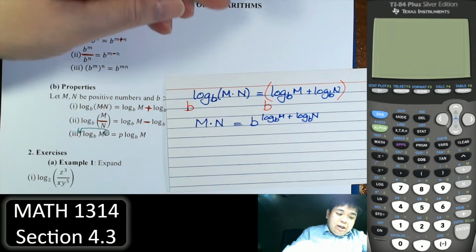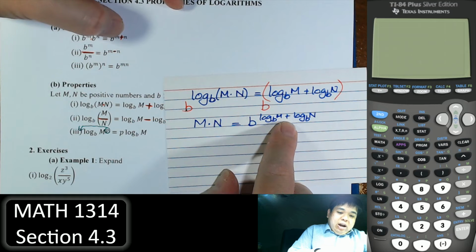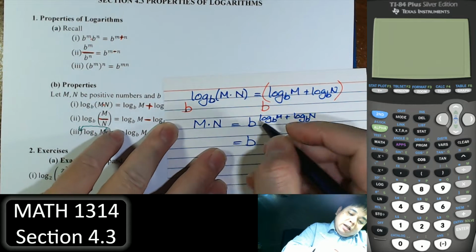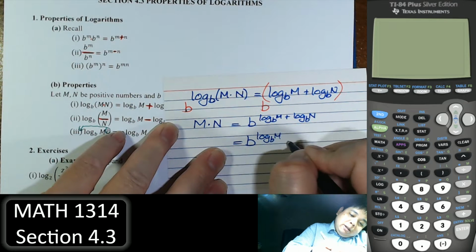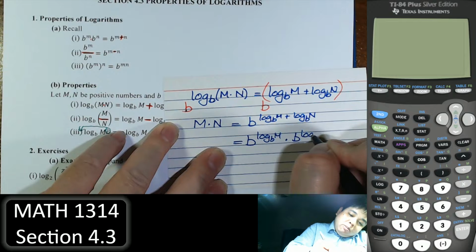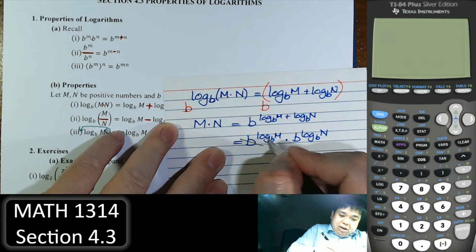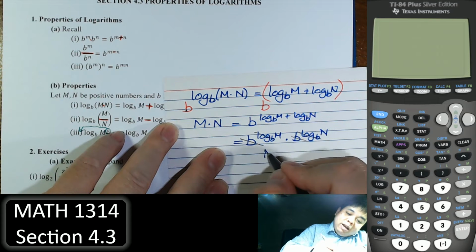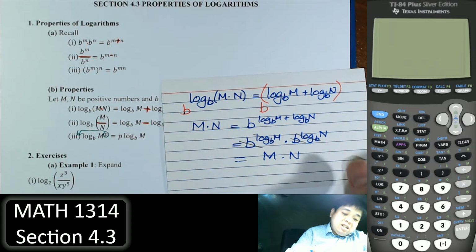Now, the addition from the right hand side, we write as a product, and it becomes b to the log base b of m times b to the log base b of n. Base b cancel out, base b cancel out. I'll just have m times n. So that's the proof of it.